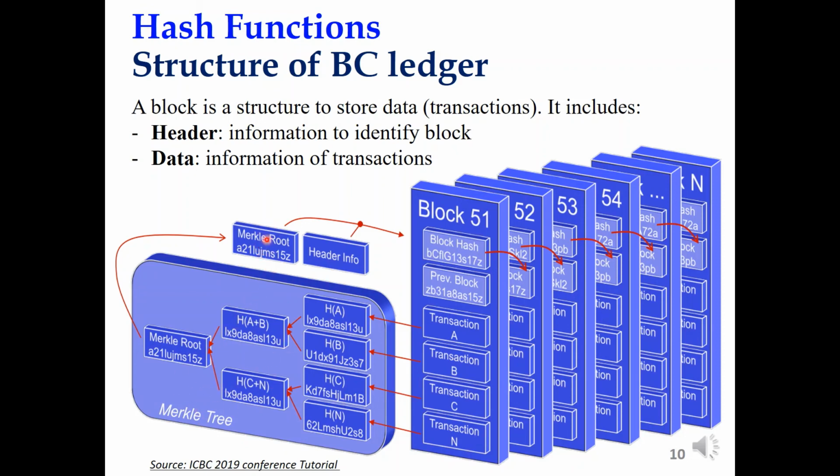The Merkle root hash combines with the header information to form a new header. From this header, we calculate the block hash. So in each block, you see the transaction data that we want to store in this block, the hash of the previous block, and the hash of the current block. There are 2 hash values stored in each block.